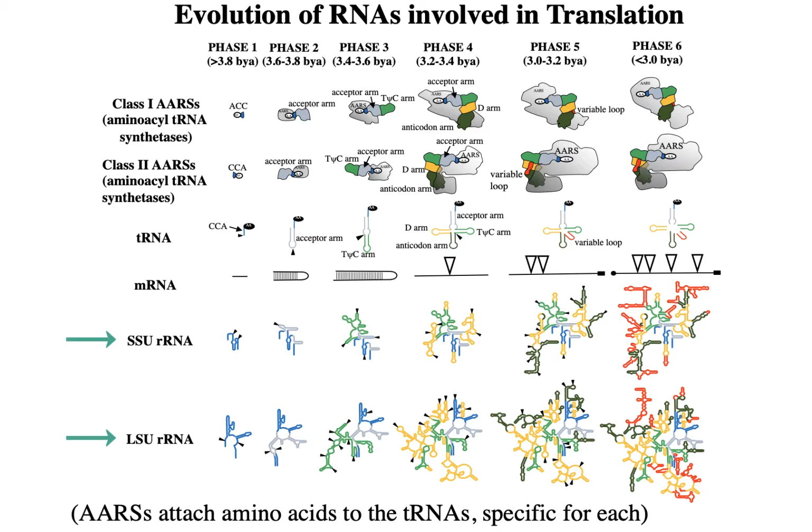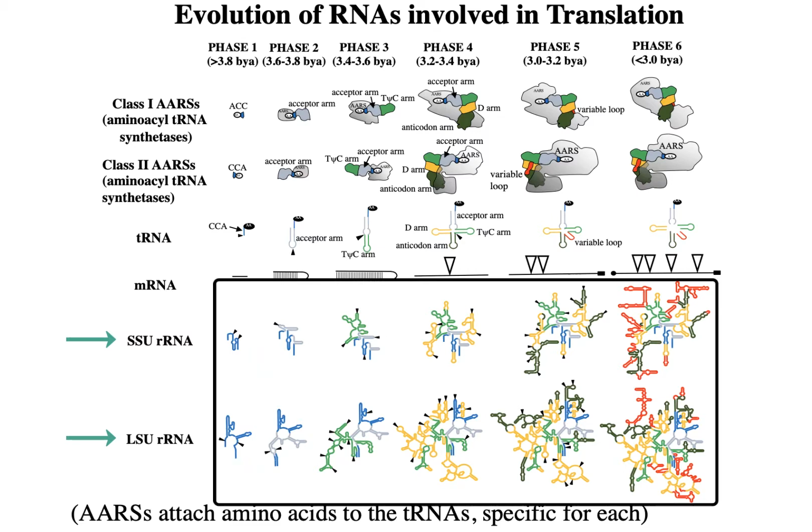The ribosomes themselves down here, as well as the tRNAs, went through some interesting evolutionary events. The ribosome seems to have been built up by pre-existing pieces that were sort of put together like Legos. So here you start with a simple pattern, and then where those triangles are, you snap on other pieces and other pieces and other pieces.